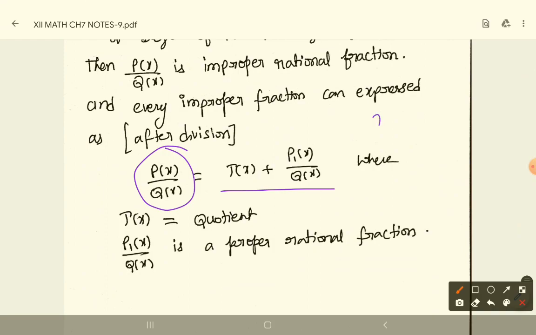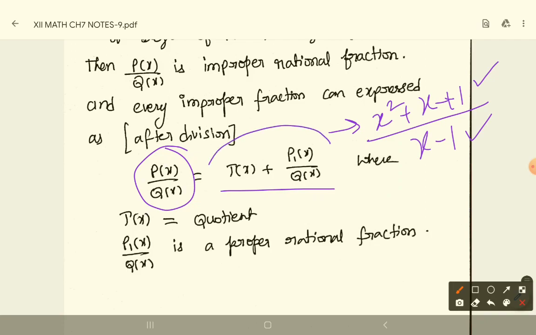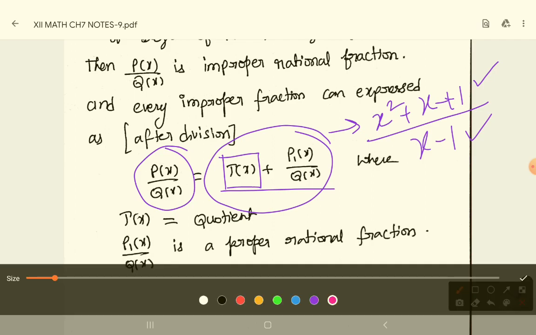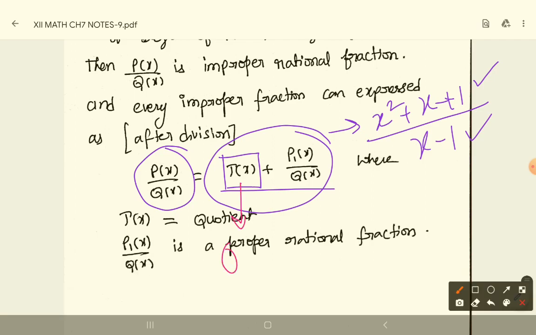For example, if you see x square plus x plus 1 by x minus 1, in 8th standard you learned this concept, division of polynomials. So you can divide, then you can write like this. T of x is the quotient of the division.